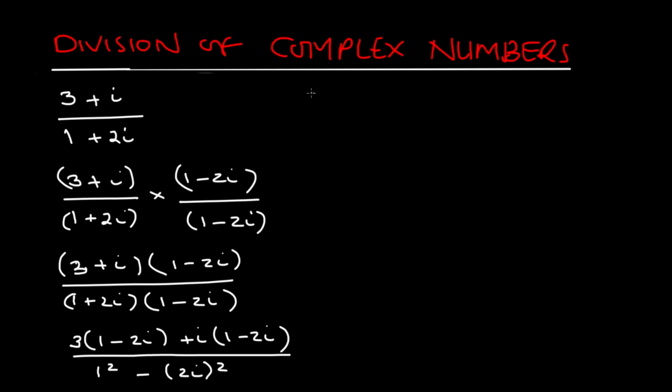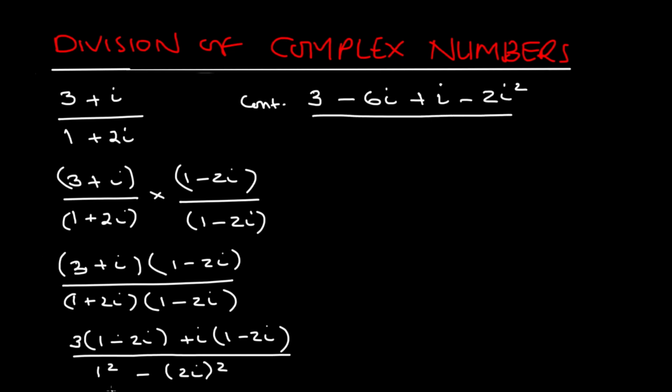We're going to have 3 minus 6I. Plus that one will give us I, and then this one will give us minus 2I squared. Then we divide. Here is going to be 1 minus 4I squared.